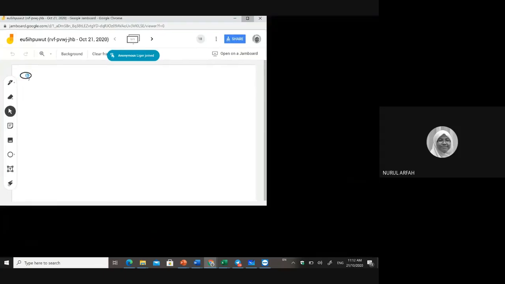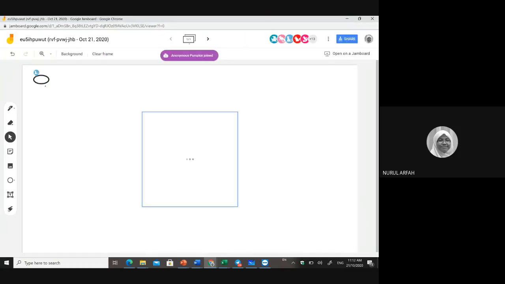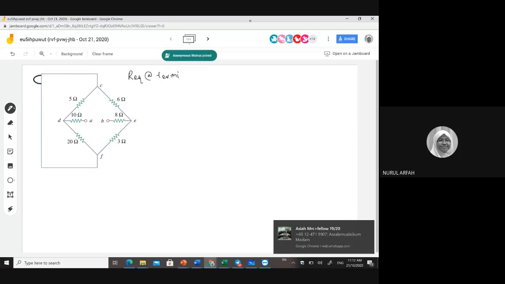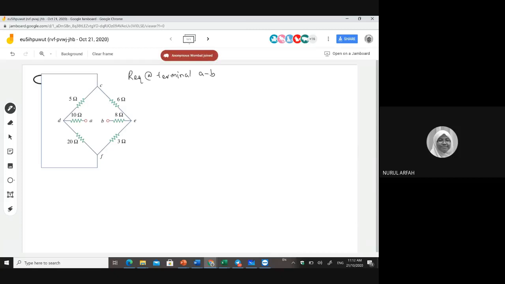to find this. Find the R equivalent at terminal A, B. All right, you can try here. Anyone? The question asks you to find R equivalent at terminal A, B. Okay, you can draw.